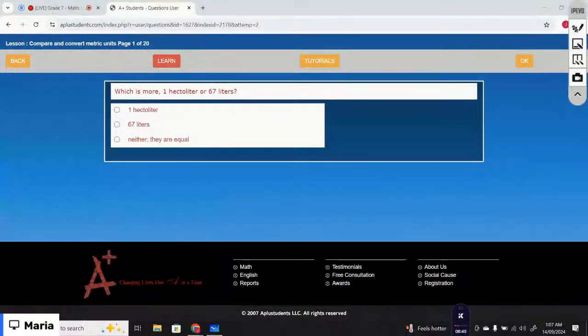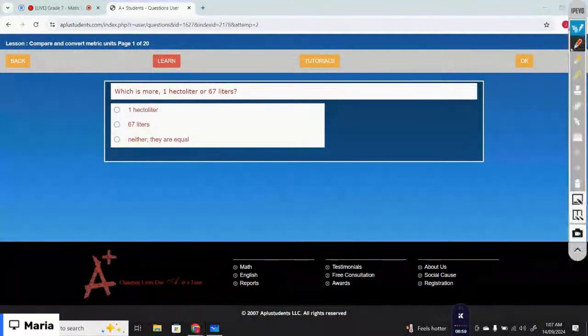So convert from hectoliters to liters. So how do we convert? 1 hectoliter equals 100 liters. This is the basic conversion unit. 1 hectoliter, you can note it down, equals 100 liters.